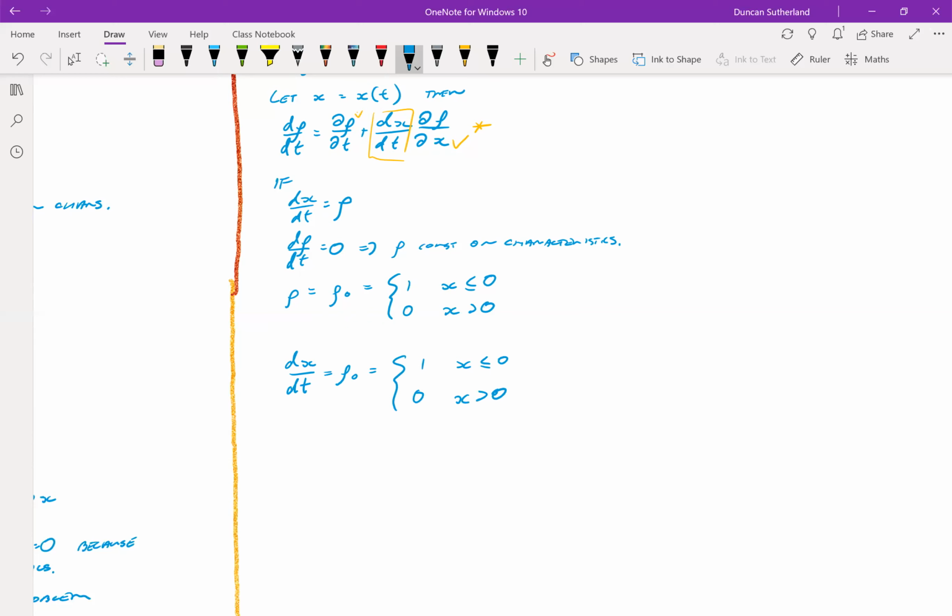And we're now in the glorious position of being able to sketch these characteristics. Not quite, actually. Our glory will come momentarily. We integrate. Now we can sketch them.